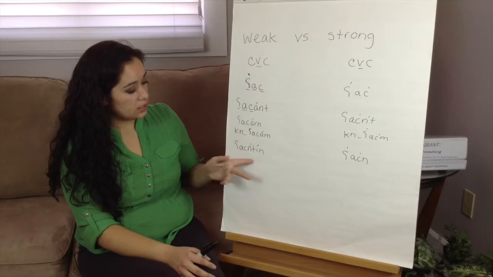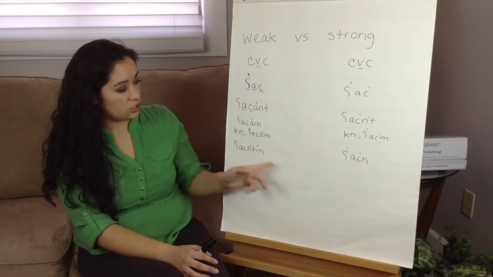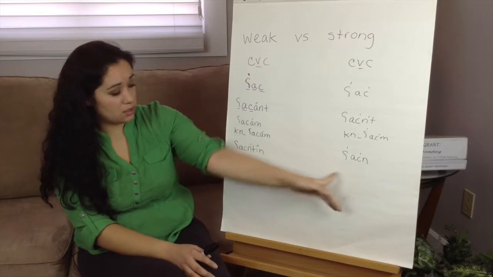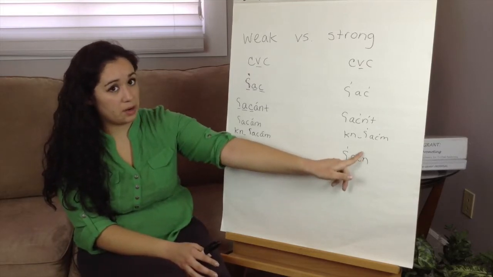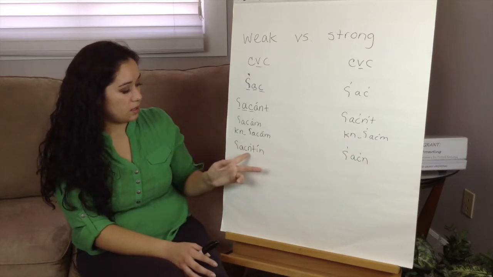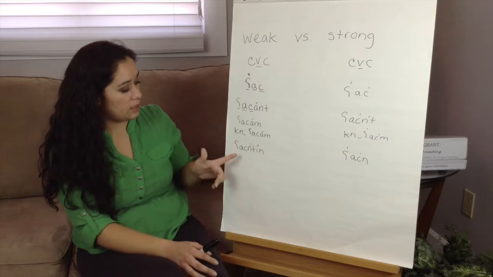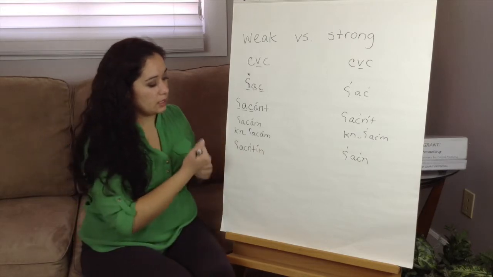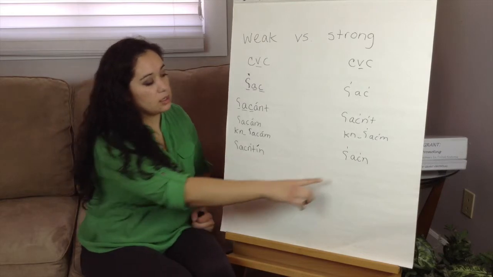Because this is a weak root, the I is trying to pop up in here. And because this is a strong root, it's not letting it again, but since this is a weak root, it is able to pop up and take its stress. So this says achantine, and this says atsin.